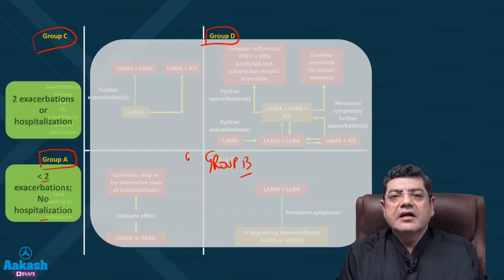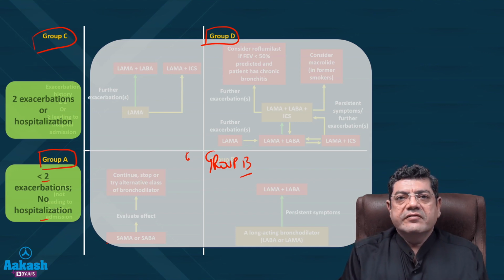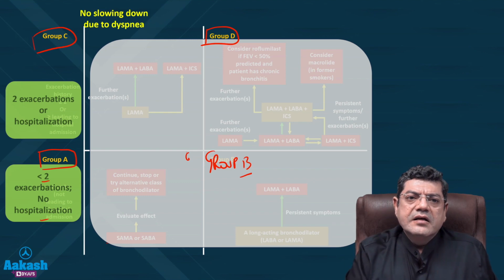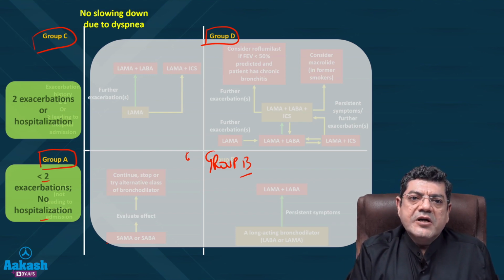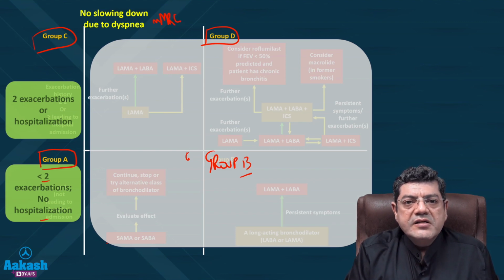According to how much limitation they have. What is the biggest limiting symptom that a COPD patient will have? Dyspnea, breathlessness, right? And when they are not slowed down due to dyspnea, MMRC grading, if you want to remember that, an MMRC grading of 0 or 1.